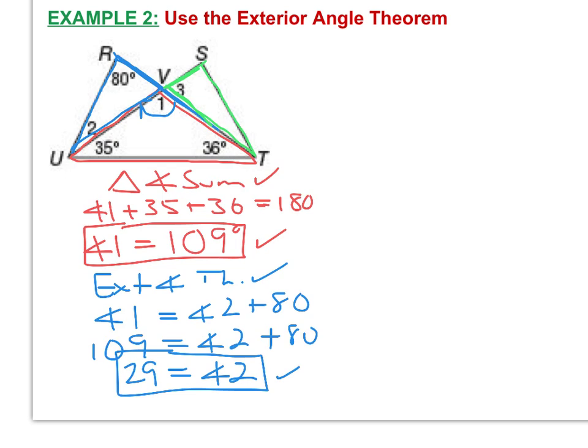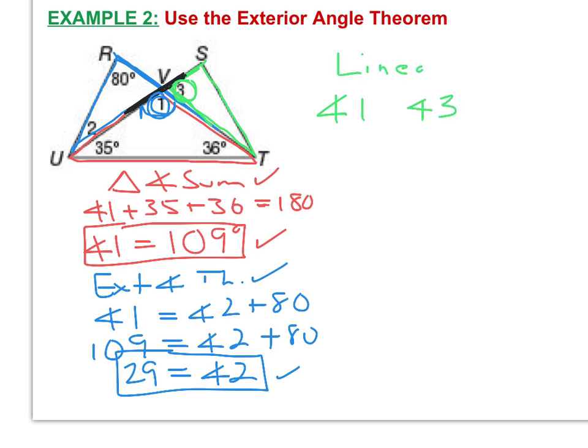But if we think back to chapter 1, this line right here is a straight angle. Angle 1 and angle 3 are adjacent angles that add up to that straight angle, so they're a linear pair.